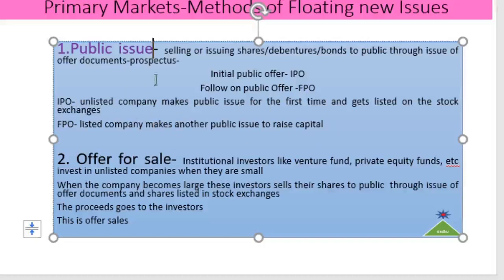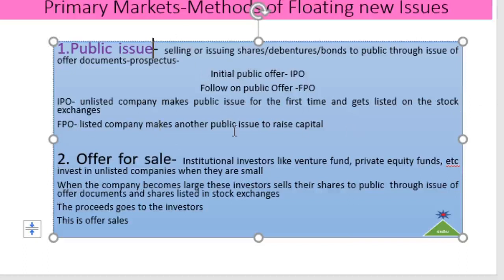Here the unlisted company issues securities and they get listed. When this listed company makes another public issue to raise capital, it is called follow on public offer.